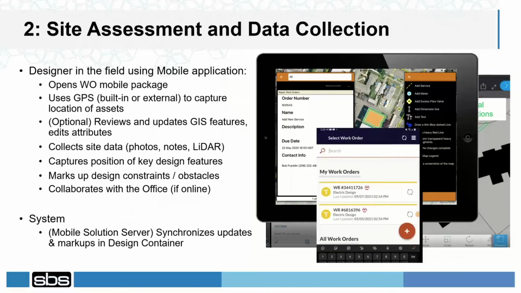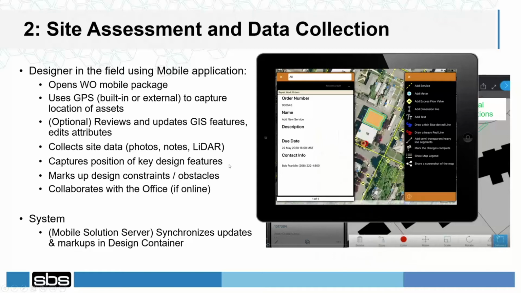Now it's back, designer can go to site and do site assessment and data collection. What's really important is that they're in the field, designer not only validates existing features, that's a part of site visit, but also has the opportunity to collect design constraints that may impact design.